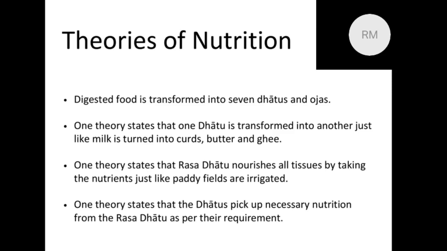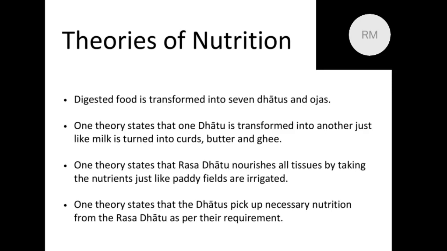So there are other theories which say that actually it is Rasa Dhātu which nourishes all the other Dhātus of the body, just like paddy fields are irrigated, which means the Rasa Dhātu flows to all parts of the human body and provides nourishment to each and every part according to their requirement. So these are all theories of nutrition and circulation.